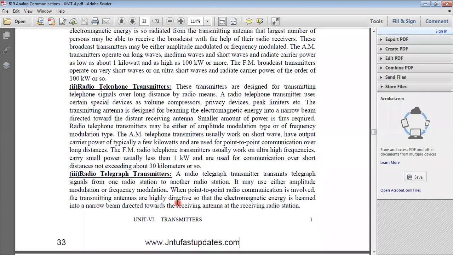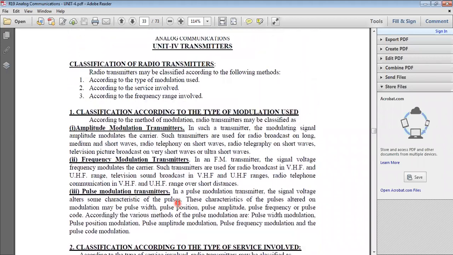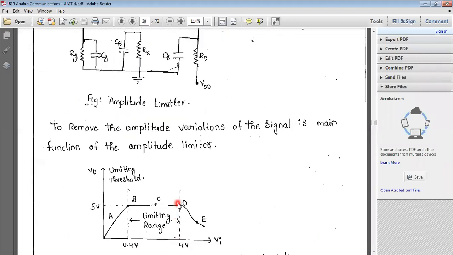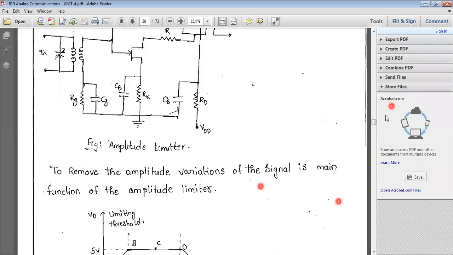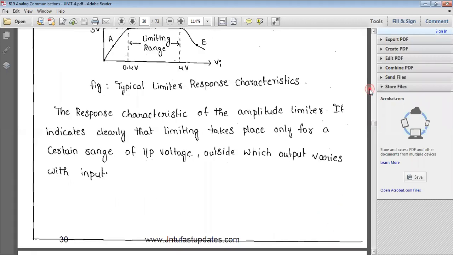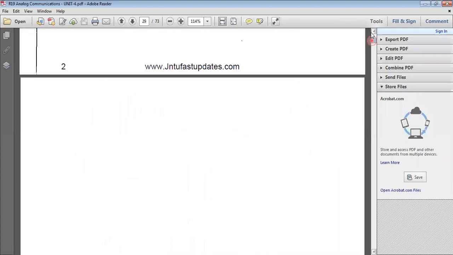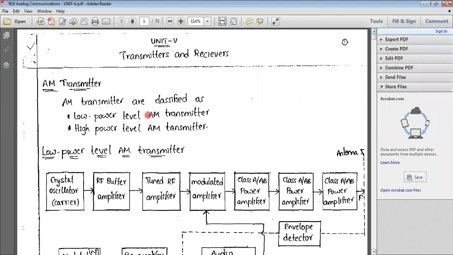This is the first topic of your fourth unit. After that we go to AM transmitters. AM transmitters are classified into two types: low power level AM transmitters and high power level AM transmitters.